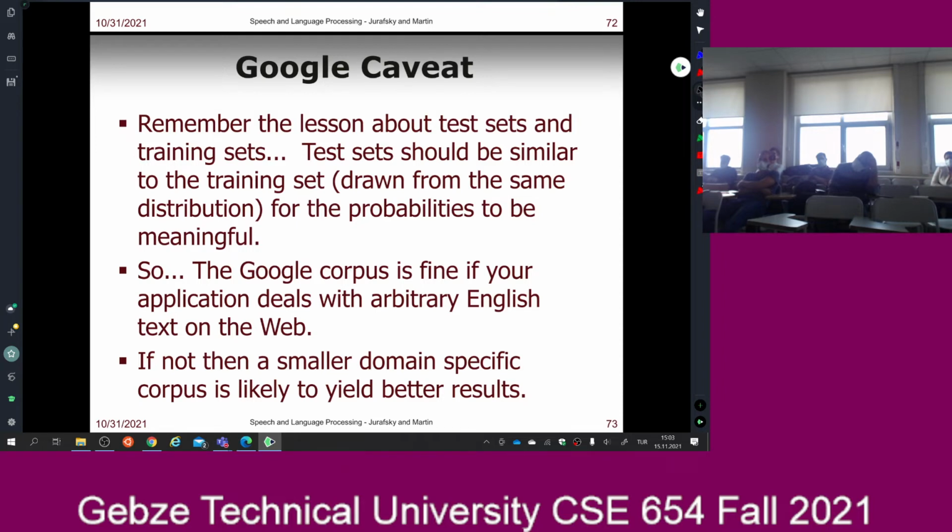Google is Google, and Associated Press dataset is Associated Press dataset. They are different. They don't have to explain your data in your hand, so you have to be careful. Google corpus is fine if your application deals with arbitrary English text on the web. If you are dealing with a very formal English, then this may not model your data very well.